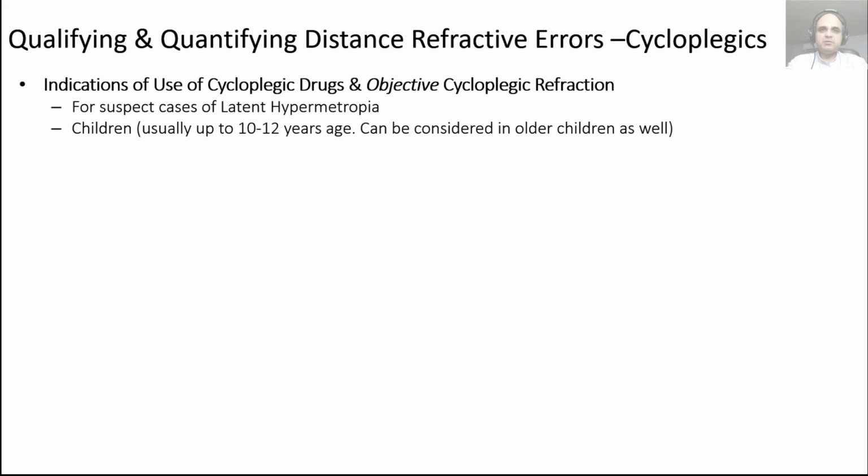So if you have a child who has very vague symptoms of headaches or discomfort, you know how discomfort is misconstrued as a headache in the domain of refractive errors. So if a child comes to you with the parents complaining he keeps complaining of headaches, and the vision is 6/6, you still need to make sure, and the near vision is also fine, which it should be in children anyways.